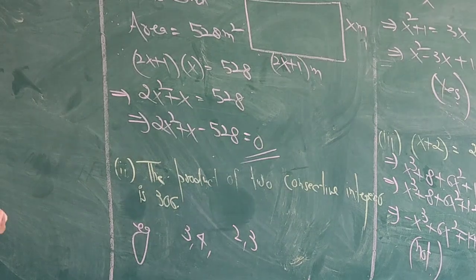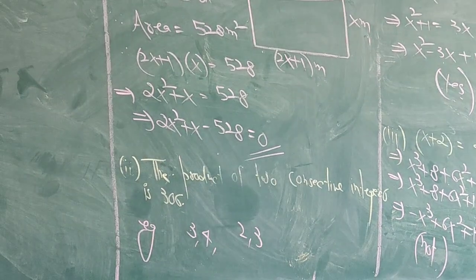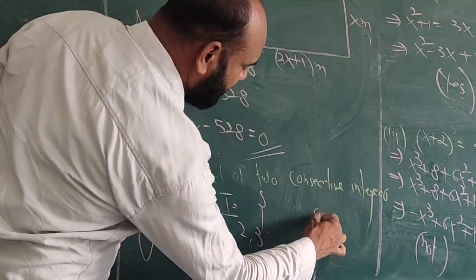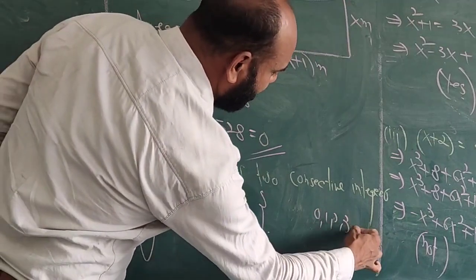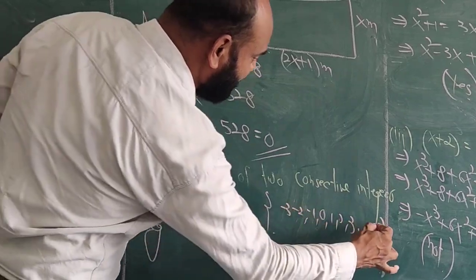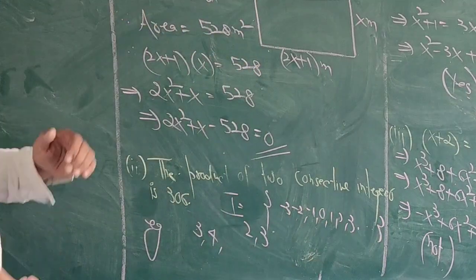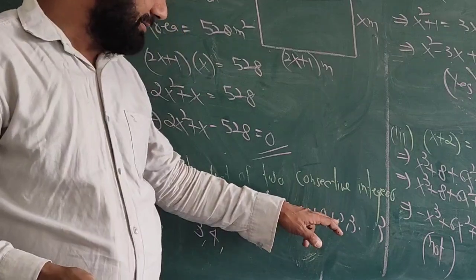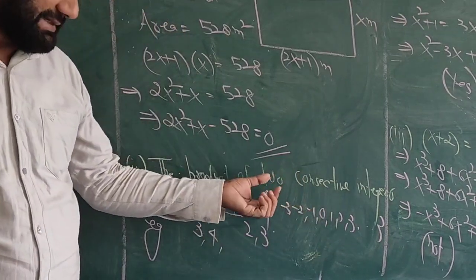Consecutive integers. We know the integers are 0, 1, 2, 3 and so on, and minus 1, minus 2, minus 3; these are all integers. What are consecutive integers? Only those which are adjacent.